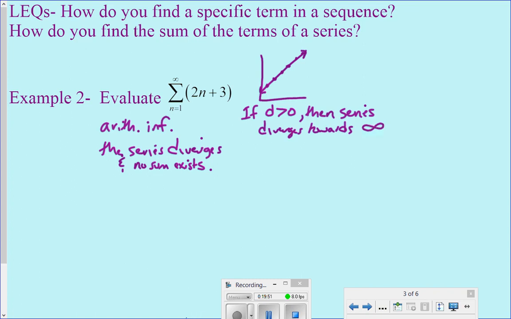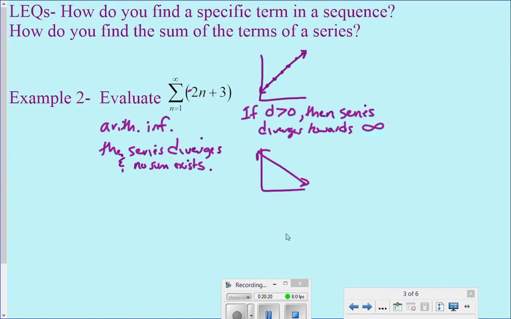Okay. On the other hand, if I just throw a negative in here, then we're looking at this graph, right? It has a negative slope. And as we're going further and further to the right, as the x values are getting bigger, the y values are getting smaller and smaller. So they're getting more and more negative. So once again, I still can't figure out a sum. It's not leveling off. It's just getting smaller and smaller.